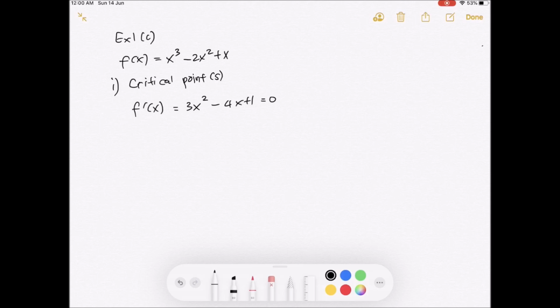Since this is a quadratic function, we may have more than one critical point. So you can use your calculator to find the roots of x.